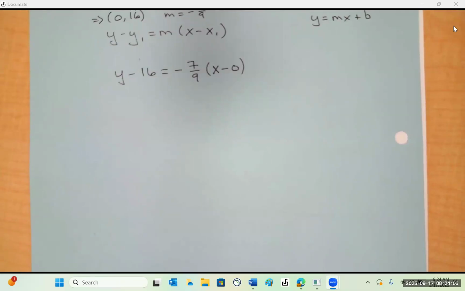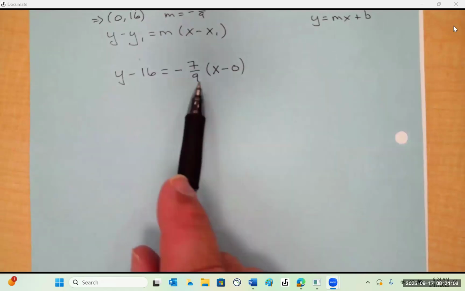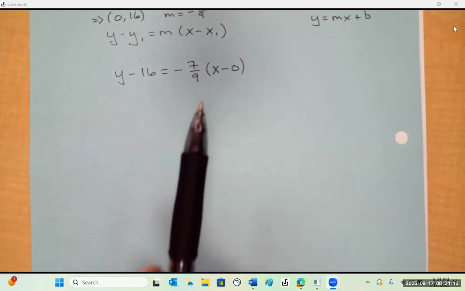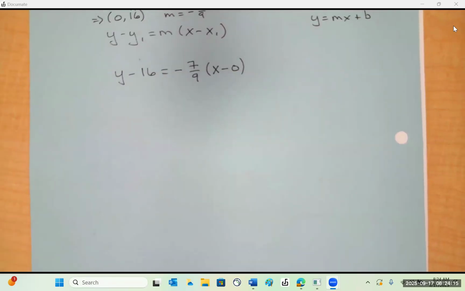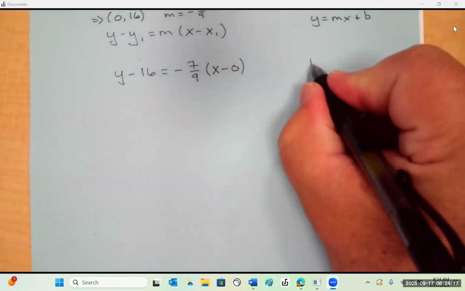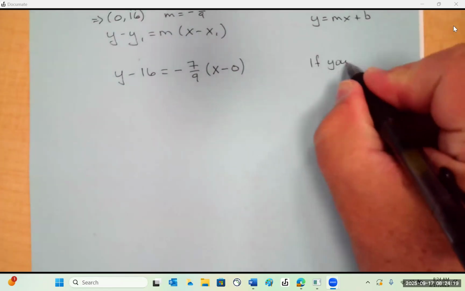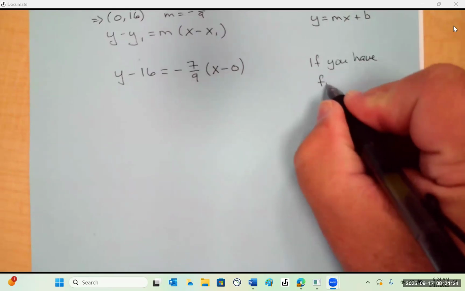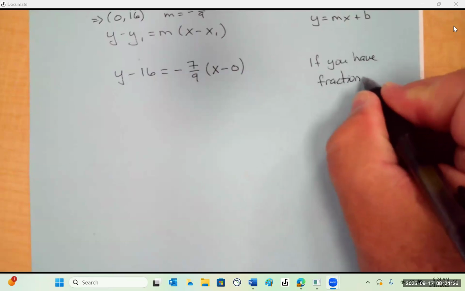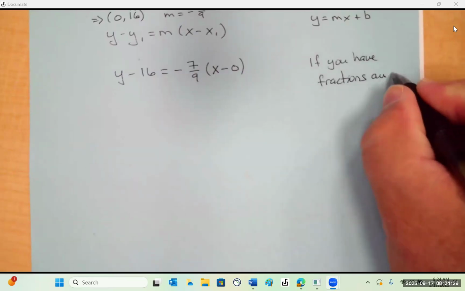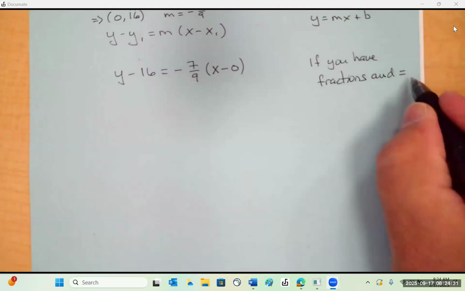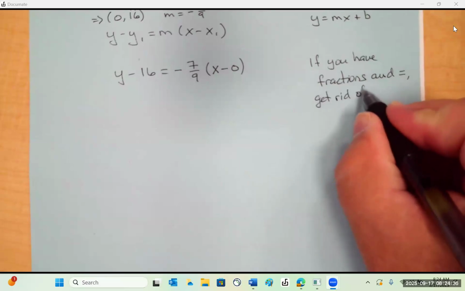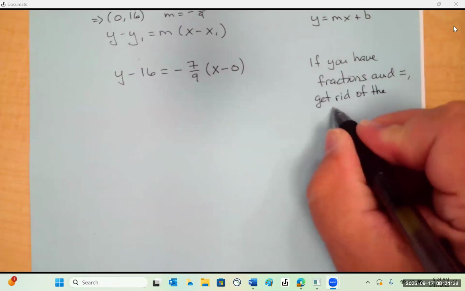Okay, rule of thumb. We have a fraction in there. Many of us don't like dealing with fractions. If you have fractions and an equal sign, get rid of the fractions.